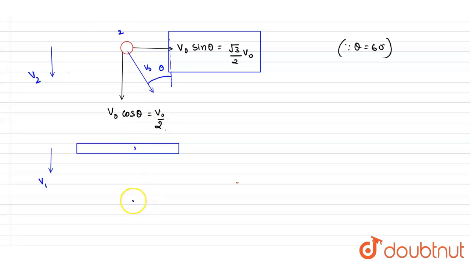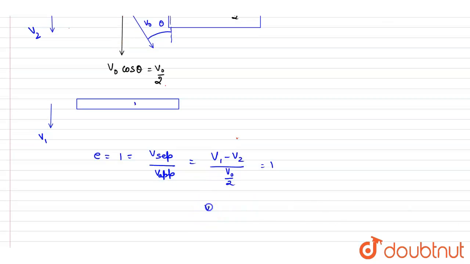Since the collision is elastic, I will write down e is equal to 1. So velocity of separation by velocity of approach. Velocity of separation, you can see, is v1 minus v2. Velocity of approach should be taken in a direction along the normal, that is the line of impact direction. So it will be v0 by 2, and e is 1. Right, so I will write down v1 minus v2 is equal to v0 by 2.